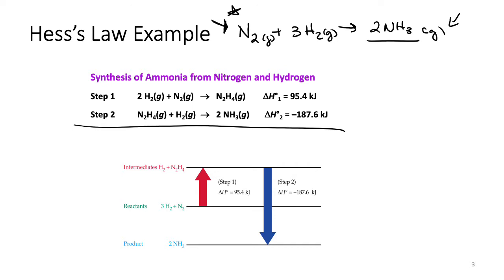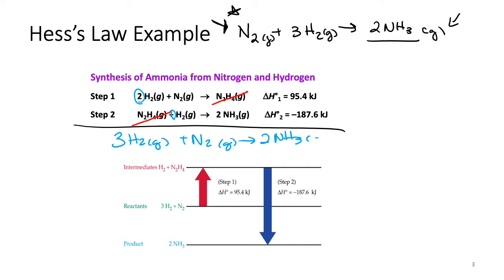So I have an N2H4 on the right, N2H4 on the left. So they can go away. I also realized that things on the same side need to be added. So I have 2 H2s plus 1 H2. That gives Evie 3 whole H2s. I still have an N2.